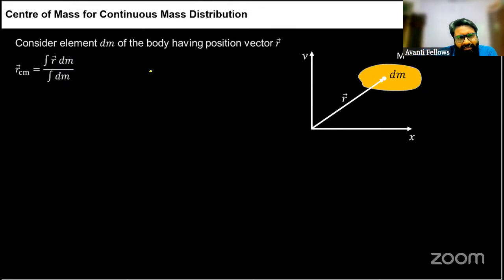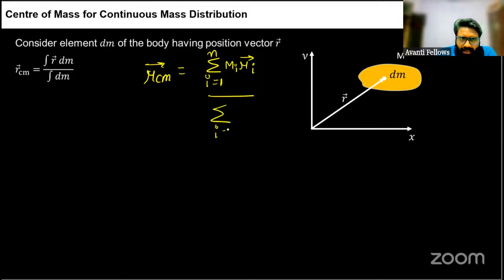ये कैसे आया? देखो पहले RCM वेक्टर क्या था? M1 R1 वेक्टर, और we can say sigma i equals 1 to n mi ri vector divided by sigma i equals 1 to n mi. ठीक है.